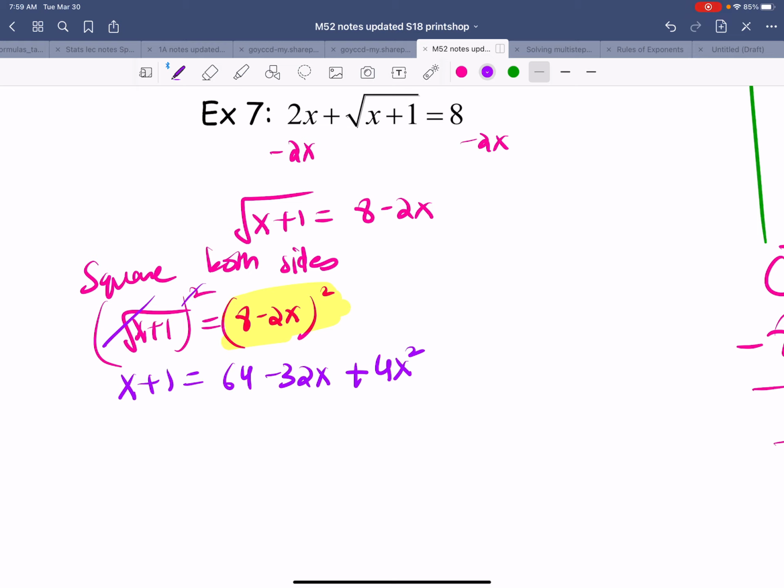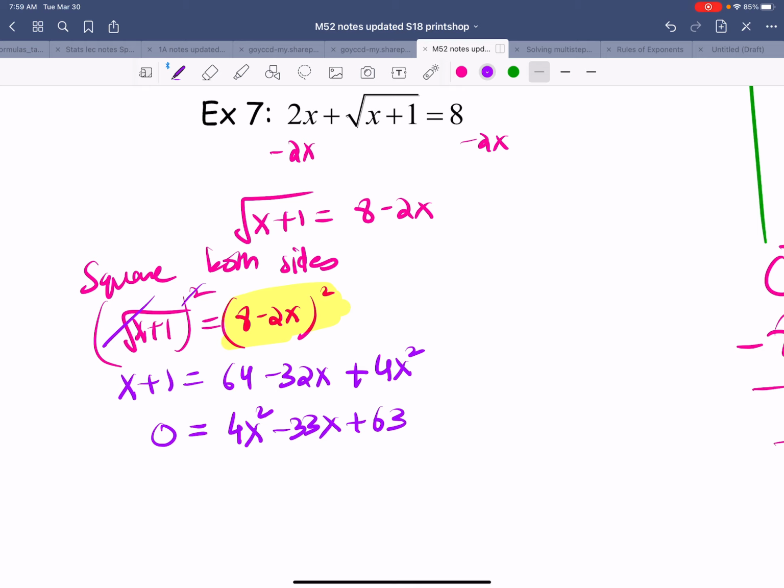Again, it looks like a binomial equation. I'm going to bring everything to one side and get a 0 on the other side. So I'm going to subtract the x from both sides and rearrange. 4x squared minus 33x, 64 minus 1 is 63, equal to 0. Now it looks like there's no common factor here.